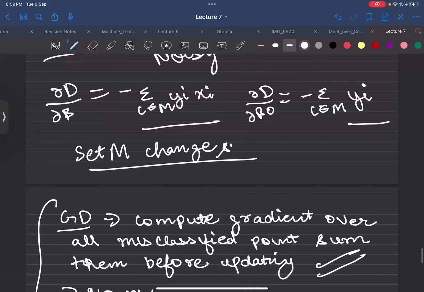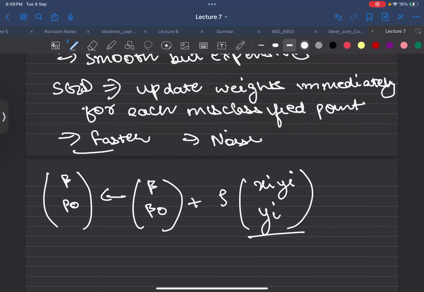This is of beta naught, the gradient part. This is beta. This is the update rule when we are doing this, again and again. This is the update rule of SGD. What is this delta, anyone? Can someone first explain this equation again?